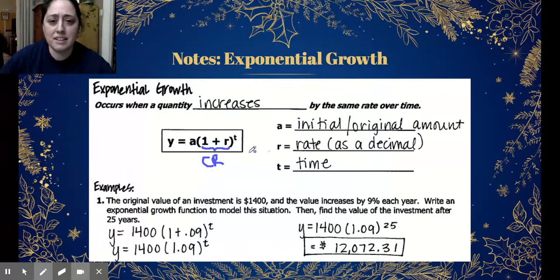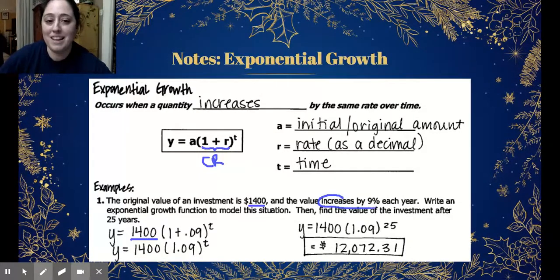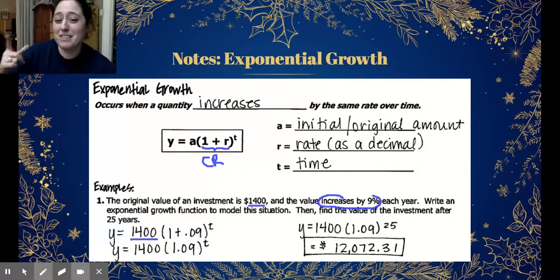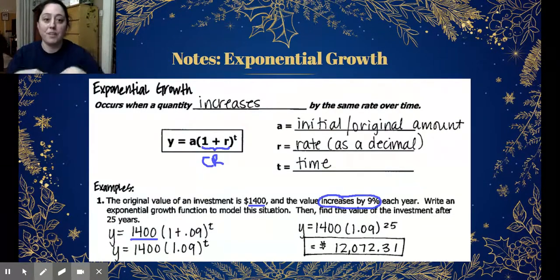So we have this investment of 1,400 bucks. That's why it's right here. And then it's increasing. That is a key word to tell you exponential growth. The other tip off that this is exponential is that it's a percentage. Exponents have a rate, a percentage that they're going up or down.